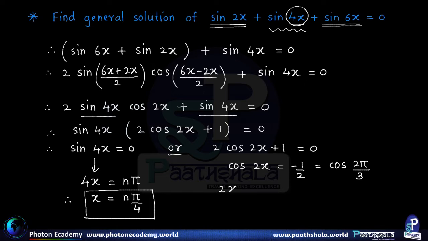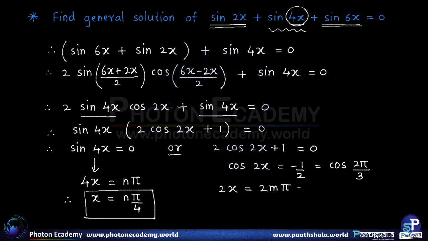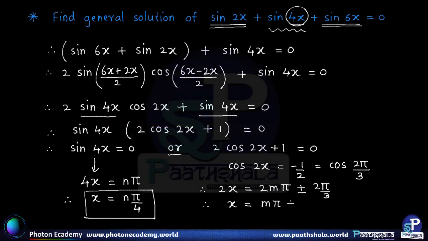So therefore we have 2x is equal to 2 m pi, so here instead of n we take m as a different counter just to make it clearer, plus or minus 2 pi by 3. So therefore we can cancel out a factor of 2 and say that x is equal to m pi plus or minus pi by 3.